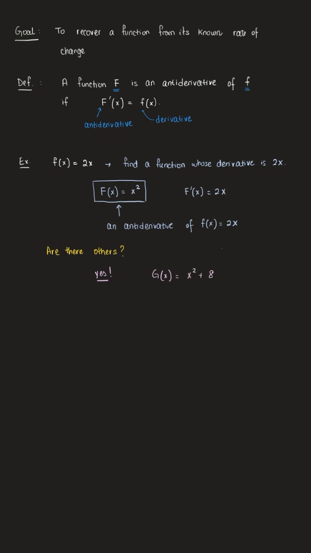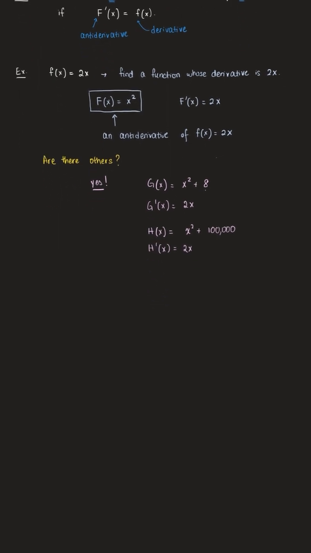When we take the derivative of x squared plus 8, we're still going to get just 2x, because the derivative of the constant 8 is 0. In fact, we could add any constant. I could say x squared plus 100,000, and that function's derivative is also 2x. So I can add or subtract any constant and still get the same derivative.